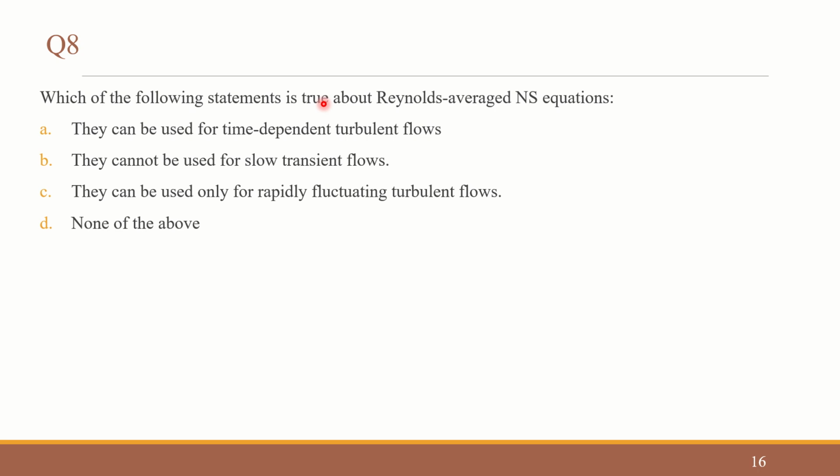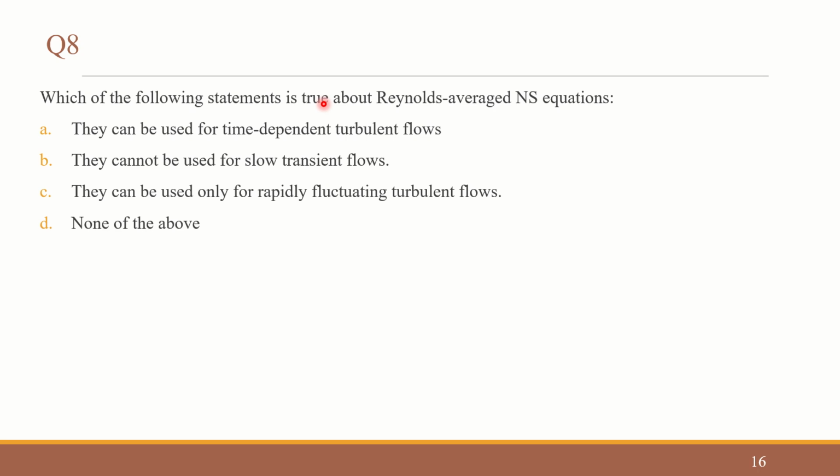We are given 3 statements and asked to identify whether any one of them is true or all of them are false. First one, they can be used for time dependent turbulent flows. This is a true statement. We will see the reason in the next slide. Similarly, the second statement, they cannot be used for slow transient flows, is false. They can be used.